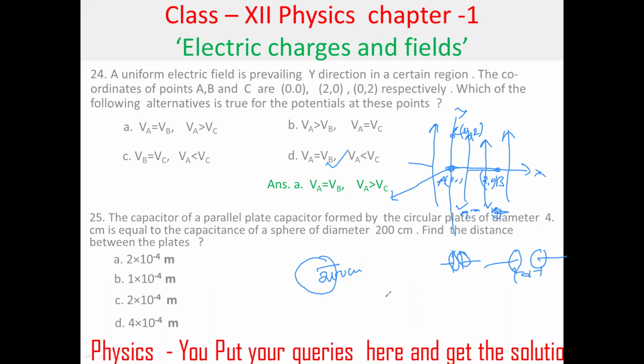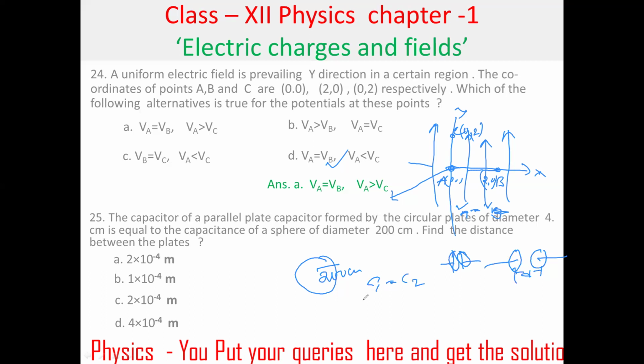So here we can use the formula like this. The capacitances are equal, C1 equal to C2.